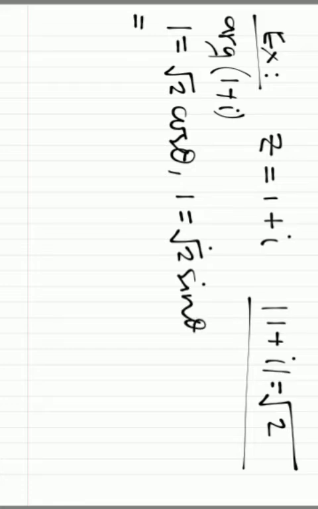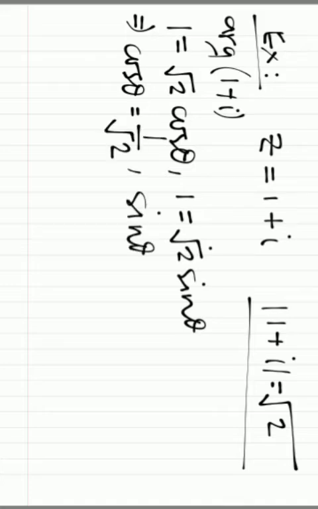So from these two equations we can find the values of cos theta as 1 by root 2 and sine theta also as 1 by root 2. Now we know that this value happens for 45 degrees in the first quadrant, and also both the values are positive, so we can assume that theta is lying in the first quadrant.